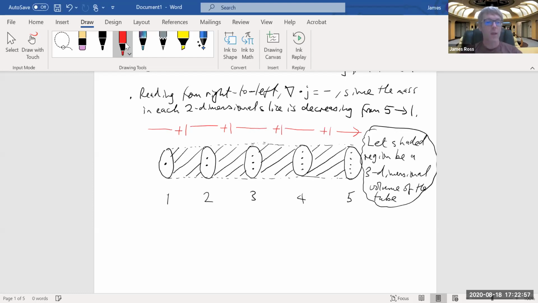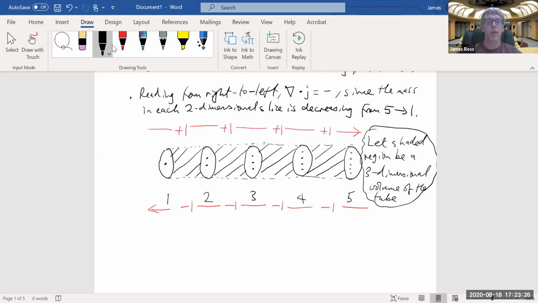So going left to right, we gained 1. And as you might anticipate, going right to left from 5 to 4, we lost 1. 4 to 3, we lost 1. 3 to 2, we lost 1. 2 to 1, we lost 1. Going right to left. Okay. So that was our alternate way to interpret this.